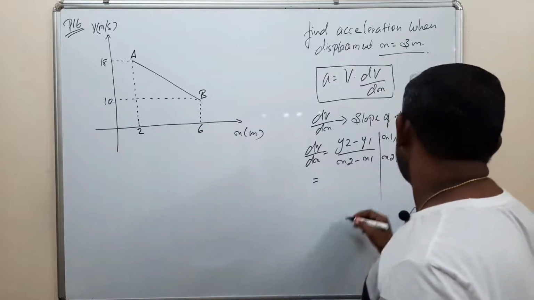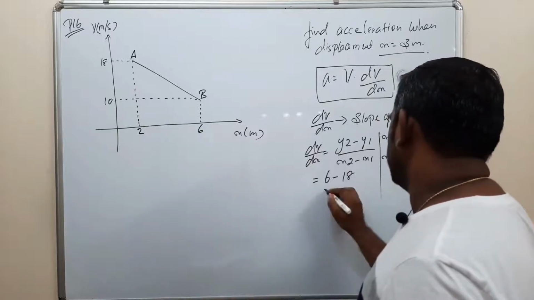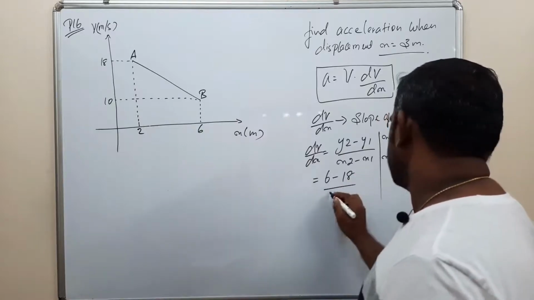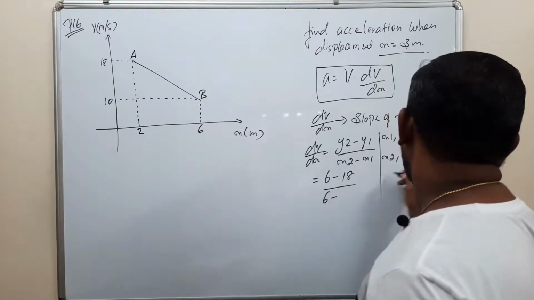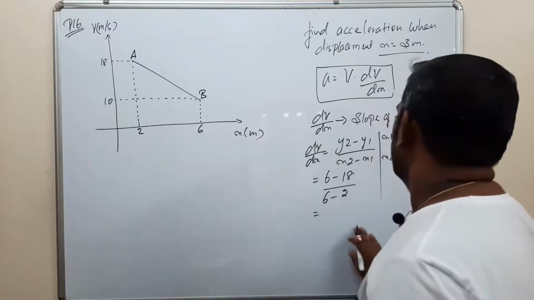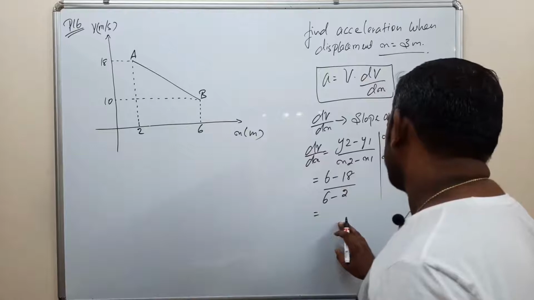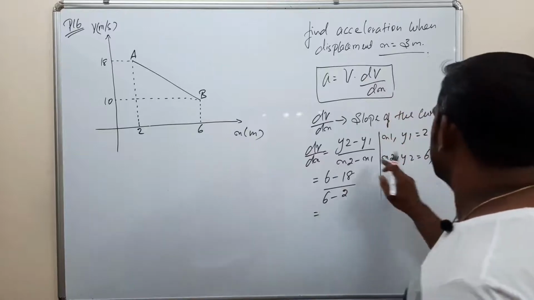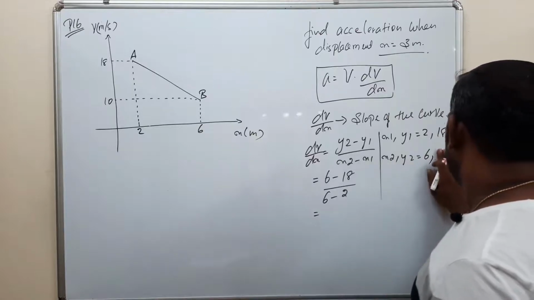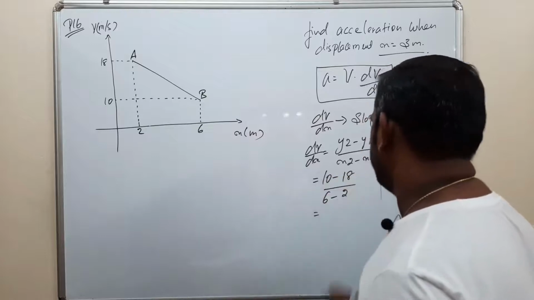So y2 minus y1, that is 10 minus 18, divided by x2 minus x1, that is 6 minus 2.